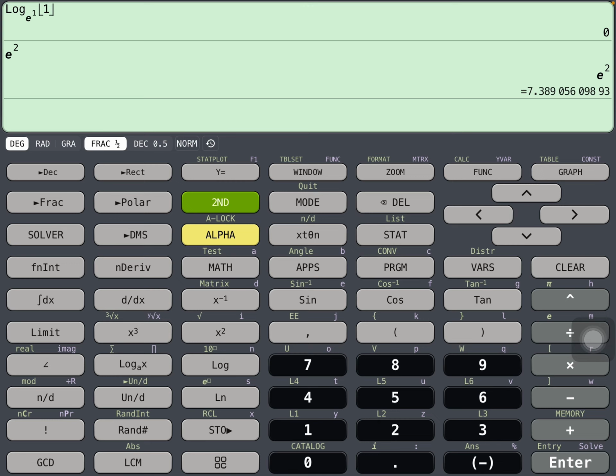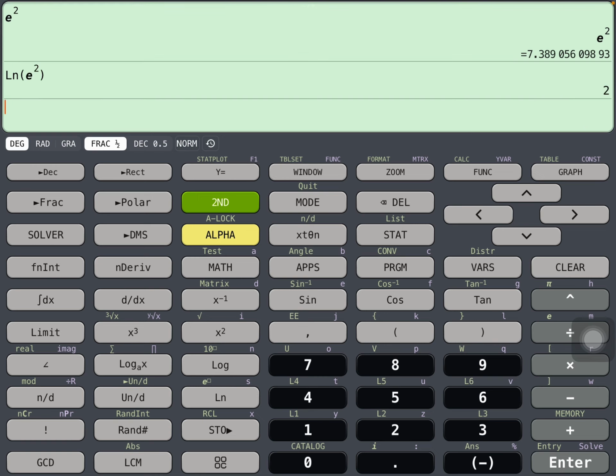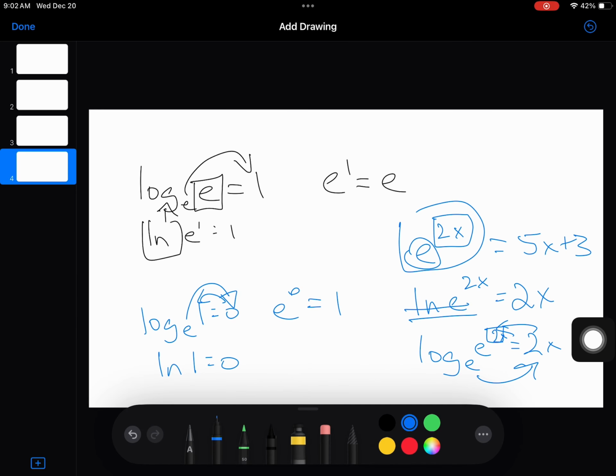So you got e squared there, and so let's just confirm one more here since we got the calculator out. Ln of e squared is equal to 2, and that confirms what we had just a moment ago.